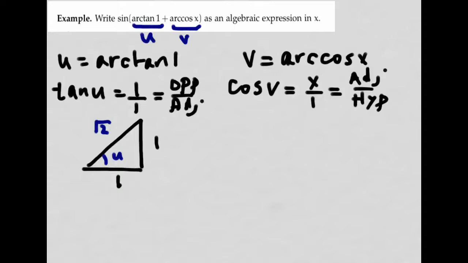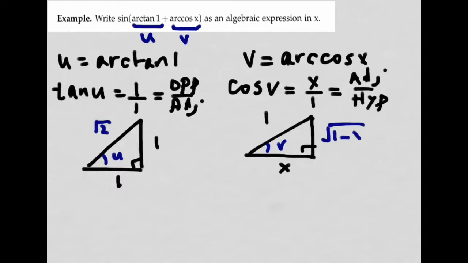So this gives rise to a right triangle whose adjacent is x. The hypotenuse is 1, and here you can see angle v. Using the Pythagorean theorem, we see that the opposite side would be square root of 1 minus x squared. You can check that that's true.